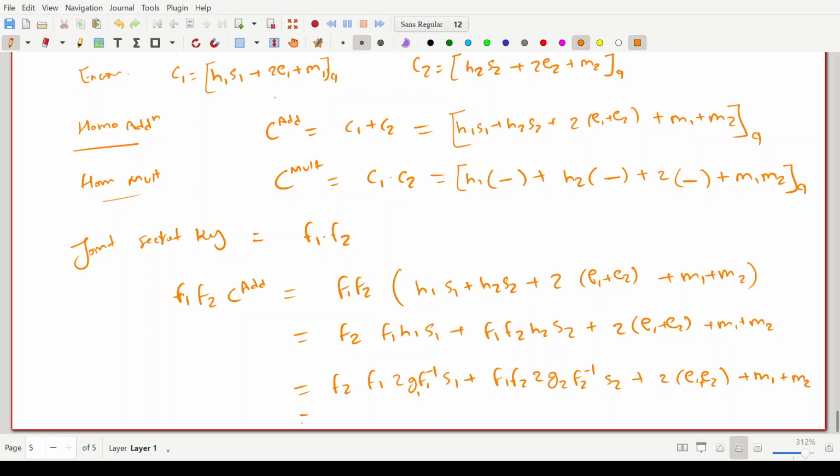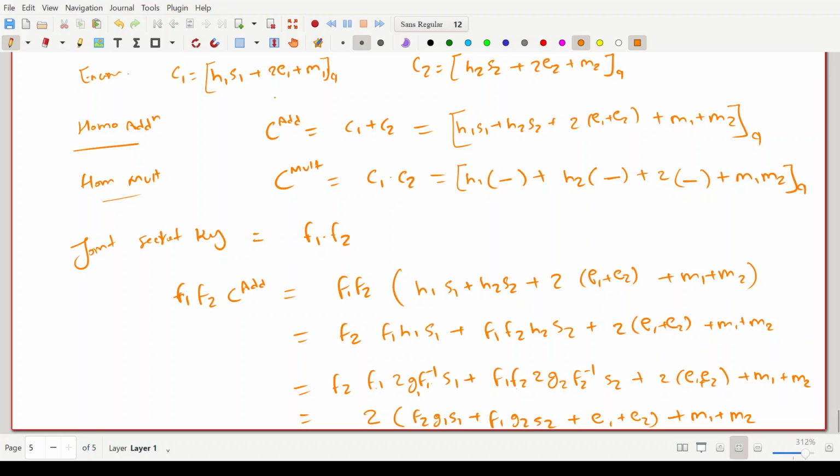What do you observe next? F1 inverse gets cancelled, and F2 and F2 inverse get cancelled, correct? The first term is F2 G1 S1, plus F1 G2 S2, plus E1 plus E2. All four terms have 2 common, so I am taking 2 outside, plus M1 plus M2.